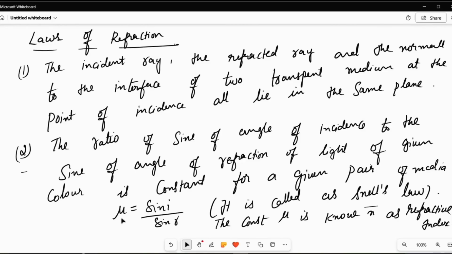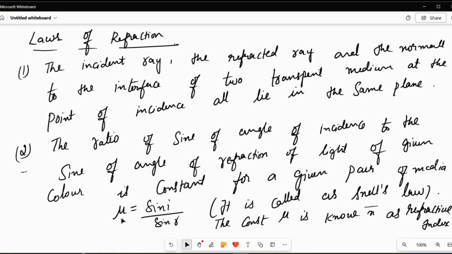To get a constant, you should have the same pair of media. Think one angle of incidence is 60 degrees, so according to that the bending will be there. If light goes from water to glass at 60 degrees, sin i by sin r will be the same as when light goes from water to glass at an angle of incidence of 70 degrees.